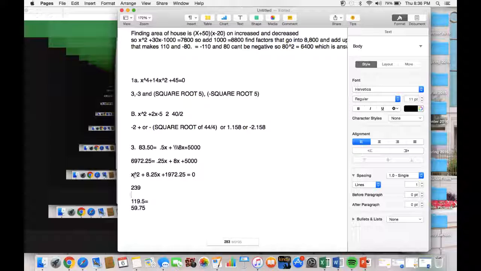I thought you do x squared plus 8.25, and then you subtract the 5,000 from this and try to solve it from there, but that wasn't really working. So now I'm just a little confused.